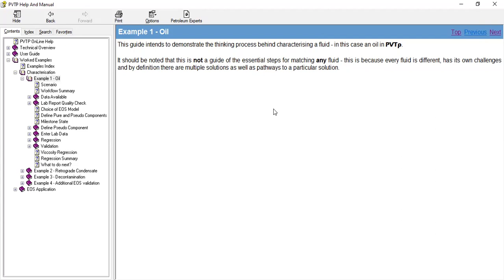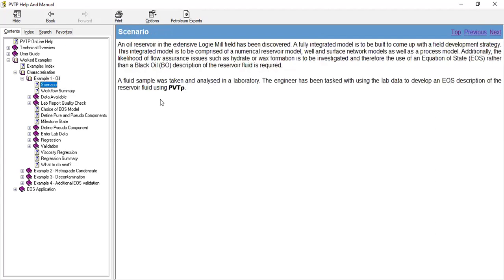Okay, we got that. Now the scenario. An oil reservoir in the extensive Logi Mill field has been discovered. A fully integrated model is to be built to come up with a development strategy. This integrated model is to be comprised of a numerical reservoir model, well and surface network models, as well as a process model.